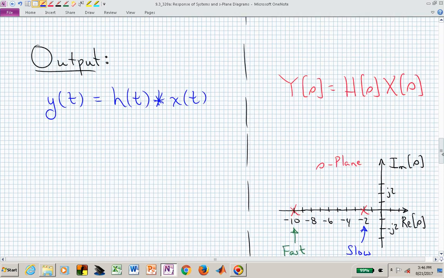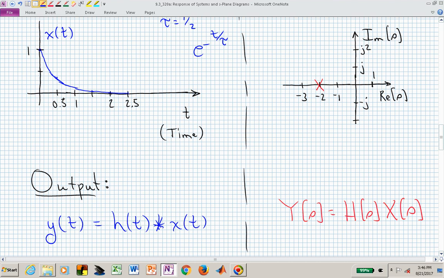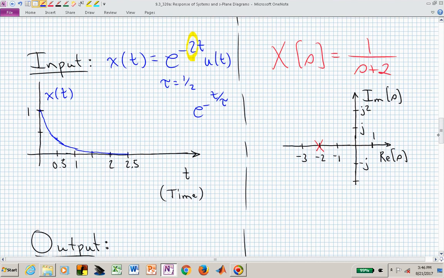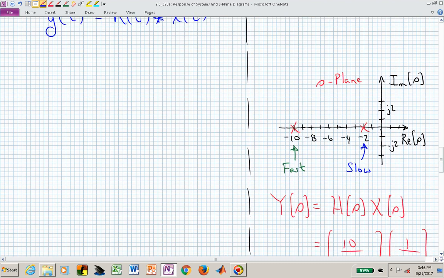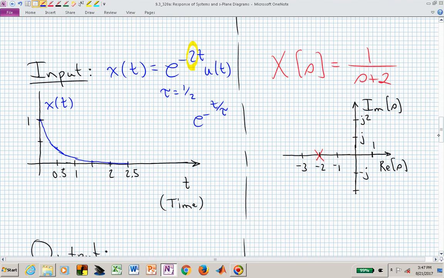And you can see that if we hit it with a different exponentially damped waveform, that would introduce its own pole, whether that's relatively fast or slow compared to the system's dynamics, which are governed by a pole at -10, will depend on where this exponential pole lives in the S-plane.